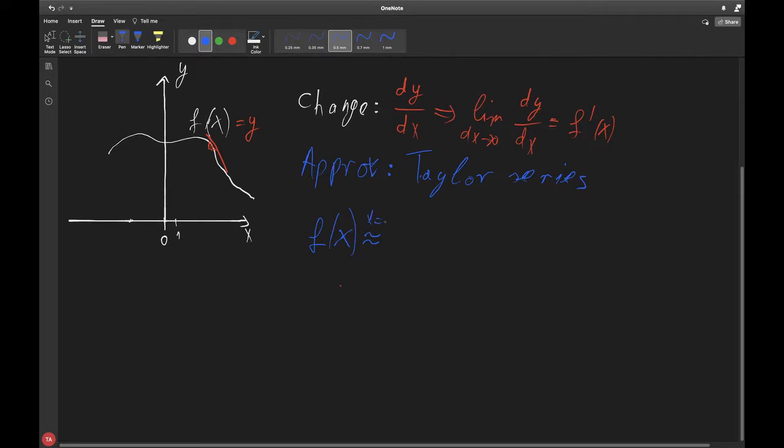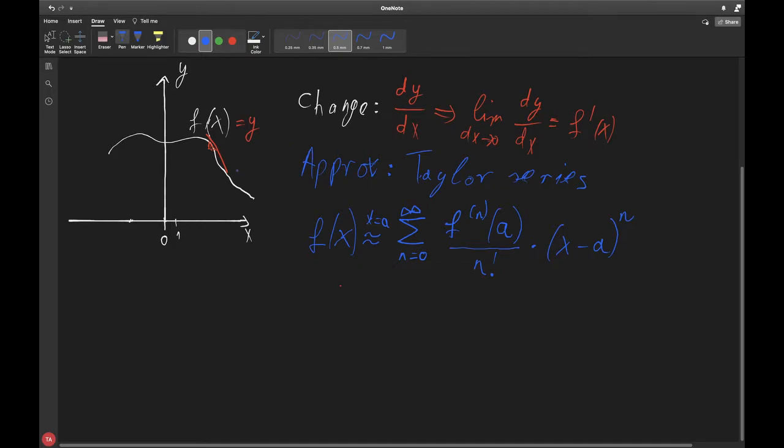It's going to be an infinite sum from n equals 0 to infinity of the nth derivative of the function evaluated at this value a, divided by n factorial, multiplied with (x minus a) to the nth power.